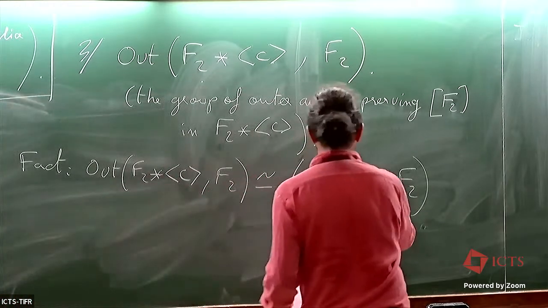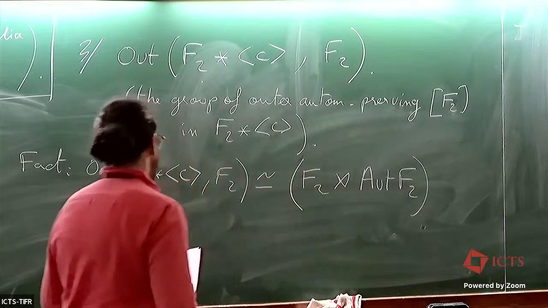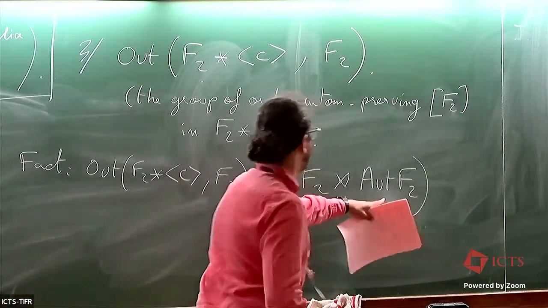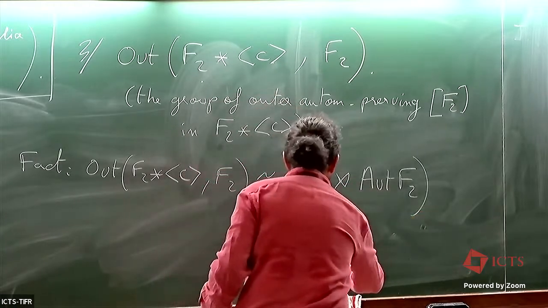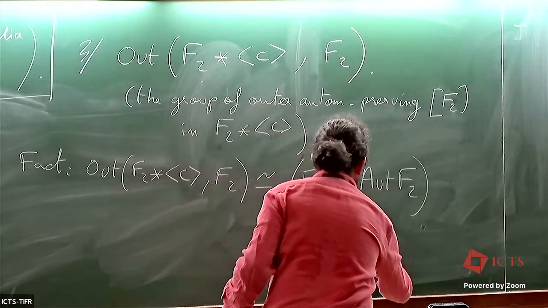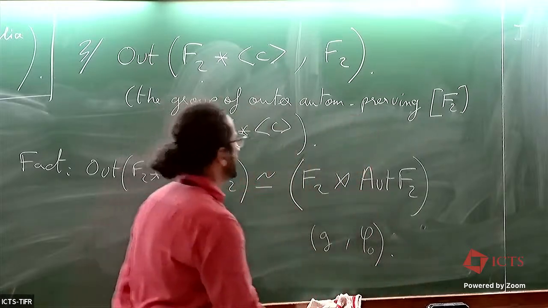And so I'm not finished, but I will explain what an element like that does. So here an element like that would be some g phi 0.